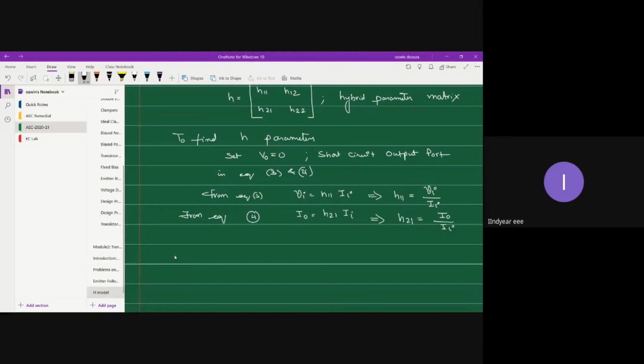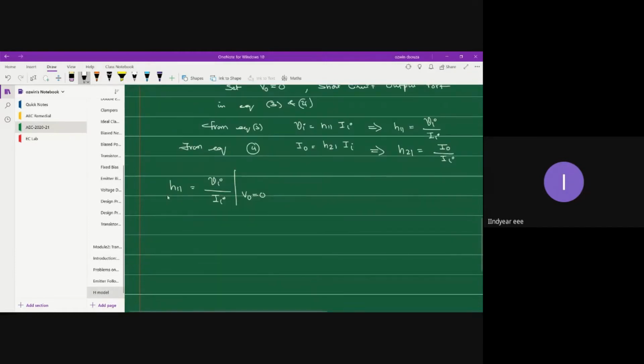So H11 is Vi by Ii, under the assumption that V0 is equal to 0. Similarly, H21 is calculated by taking the ratio of output current to input current under the assumption that the output port is short circuited. Voltage by current is basically impedance.